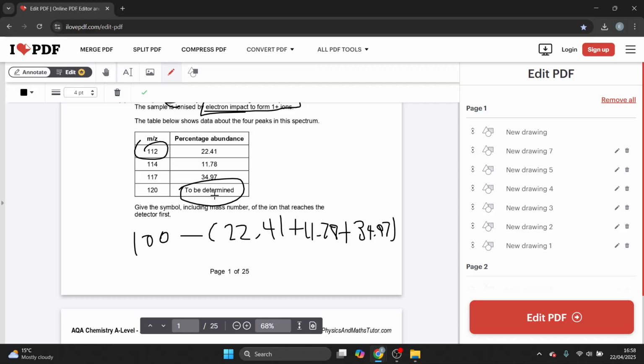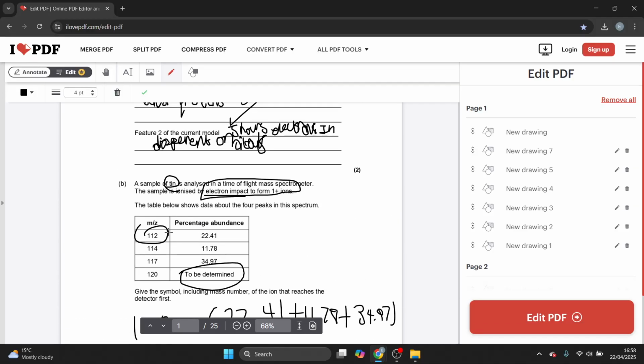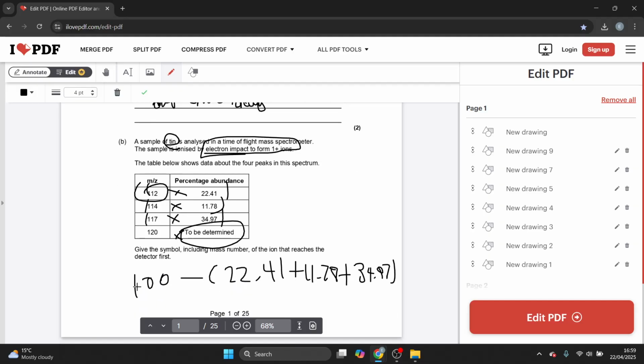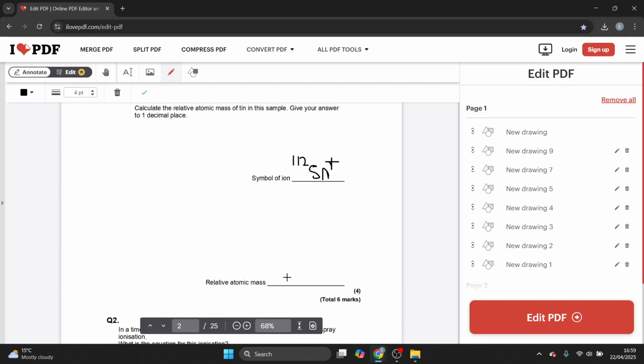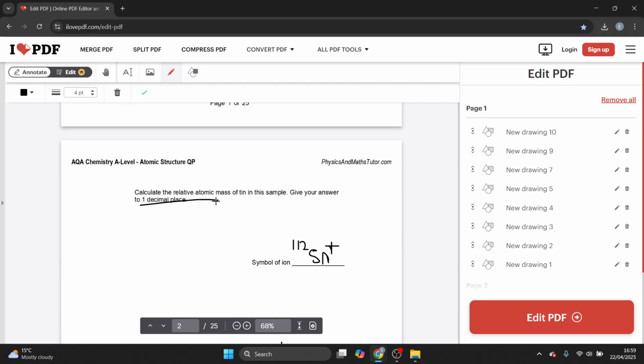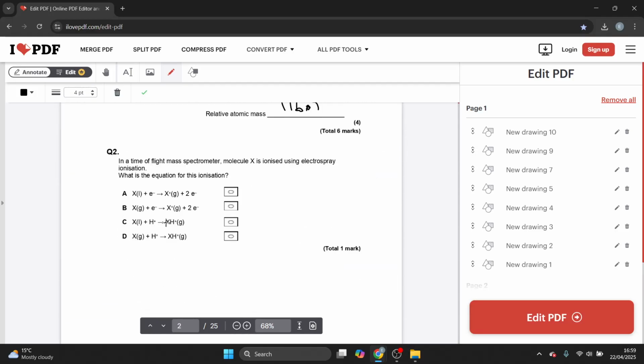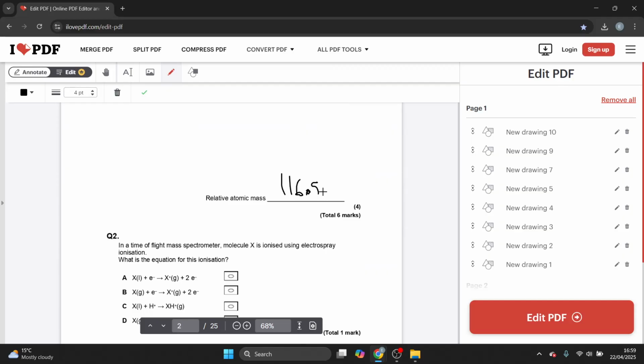Once I've got that, the relative atomic mass is just that times that, plus this times this, plus this times this, plus this times this, divided by 100. I'm not going to go through all of that. Very simple question, and you should get 116.5. Now, does it tell you on the front of the paper? It does tell you in the question, but I'm just looking for in general. This is not even a past paper, this is a question paper, man.